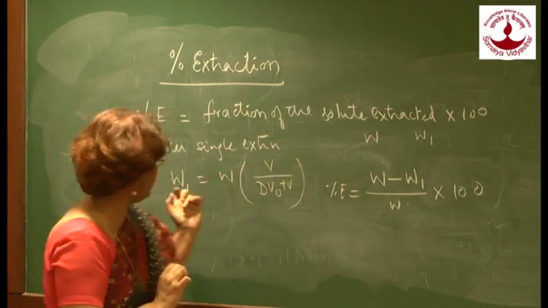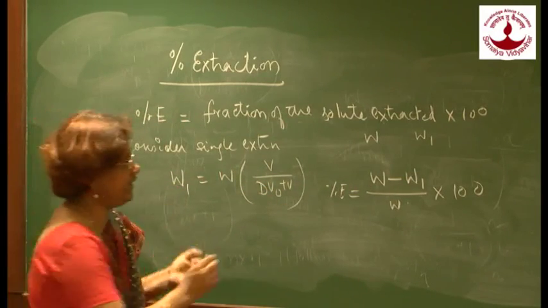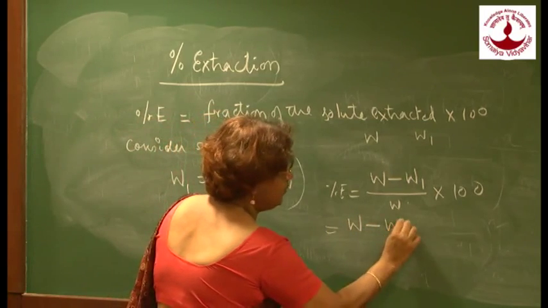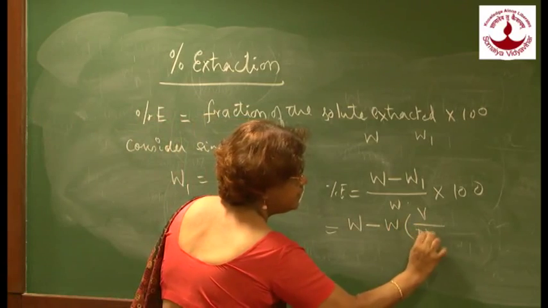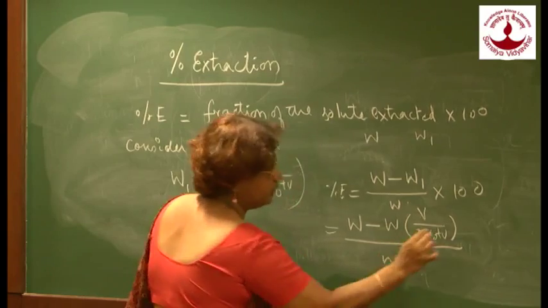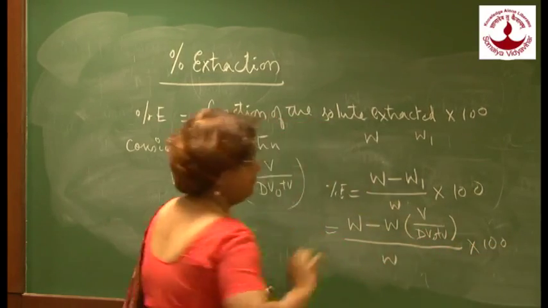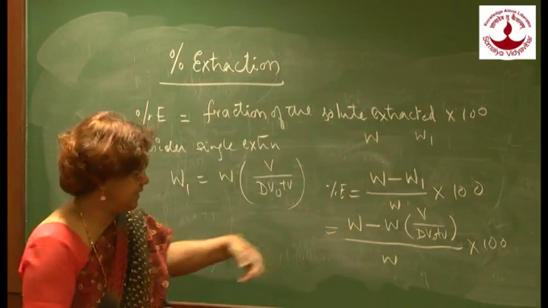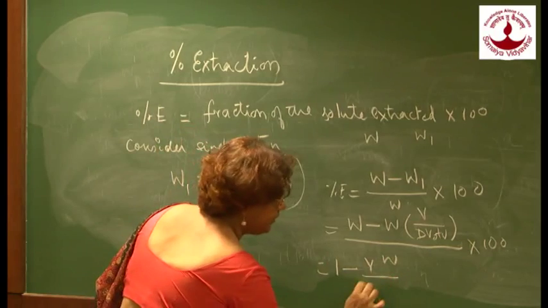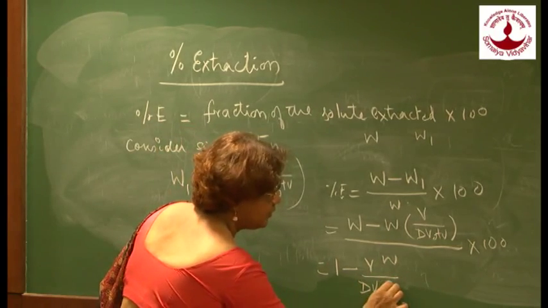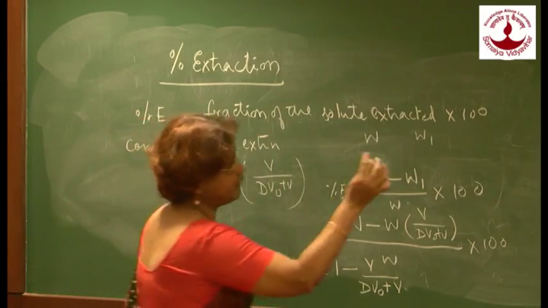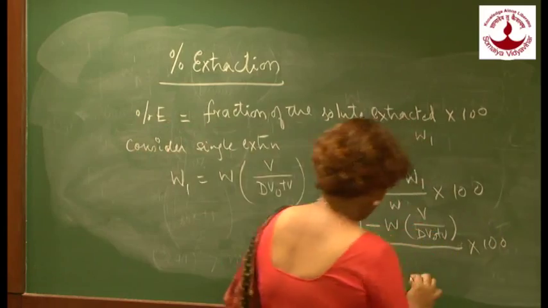Now substituting for W1 from this expression, what do we write? We write W minus W V upon dVO plus V, whole thing divided by W, into 100. W gets cancelled and you arrive at 1 minus V upon dVO plus V, multiplied by 100, of course.